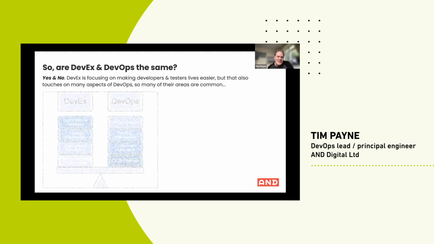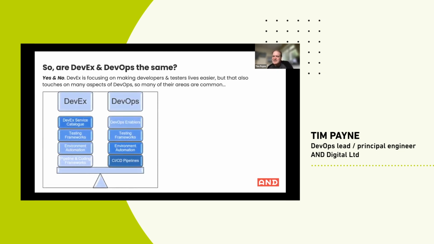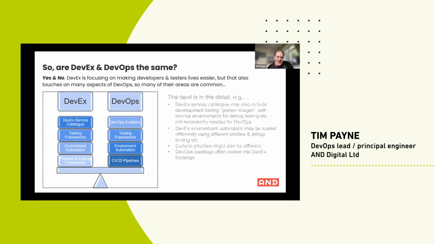So if we looked at what is DevEx versus DevOps, you'll see that many of the areas that you're touching upon are common in their nature. In DevEx, what you're looking to do is provide a service catalog of services that are related to deployment, to the developer, to environmental provisioning, to the tester, and test automation.